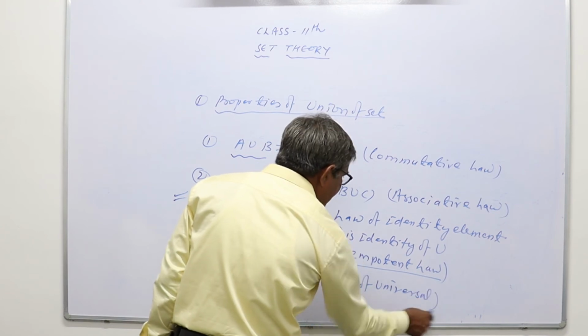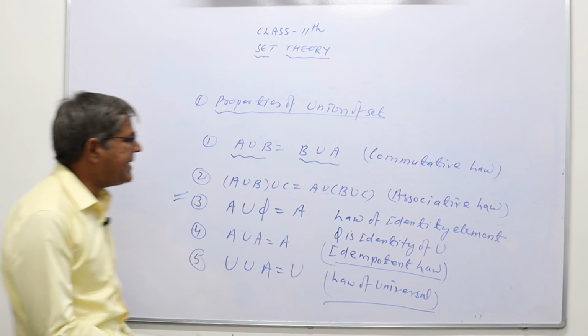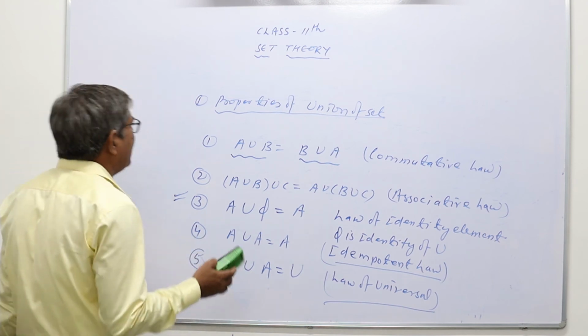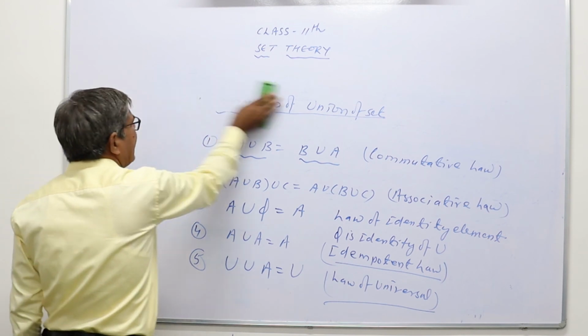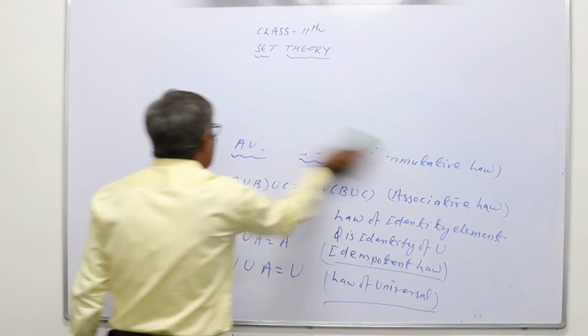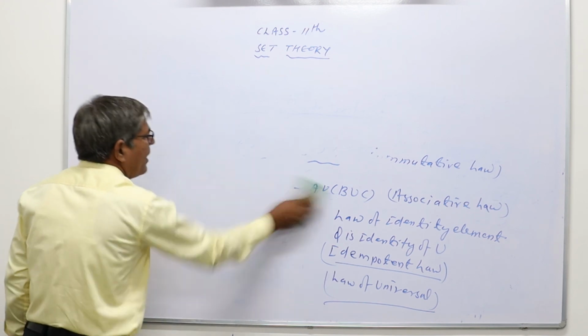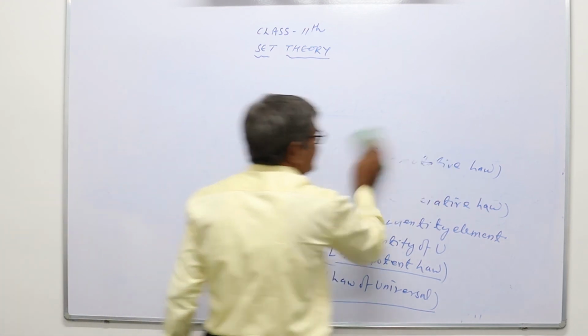And what is the universal set? Universal is that set which contains all the elements of the given sets in the given context. So these are some properties of the union of sets.